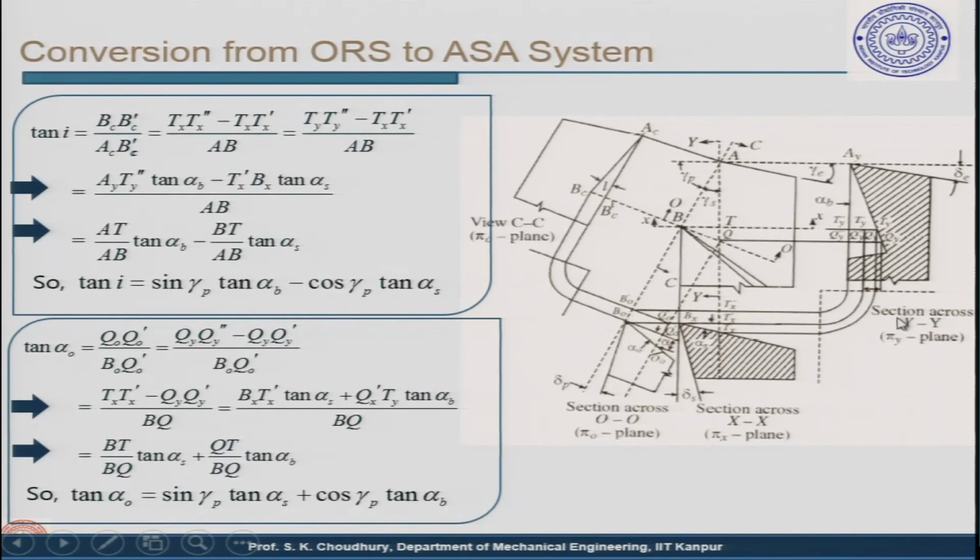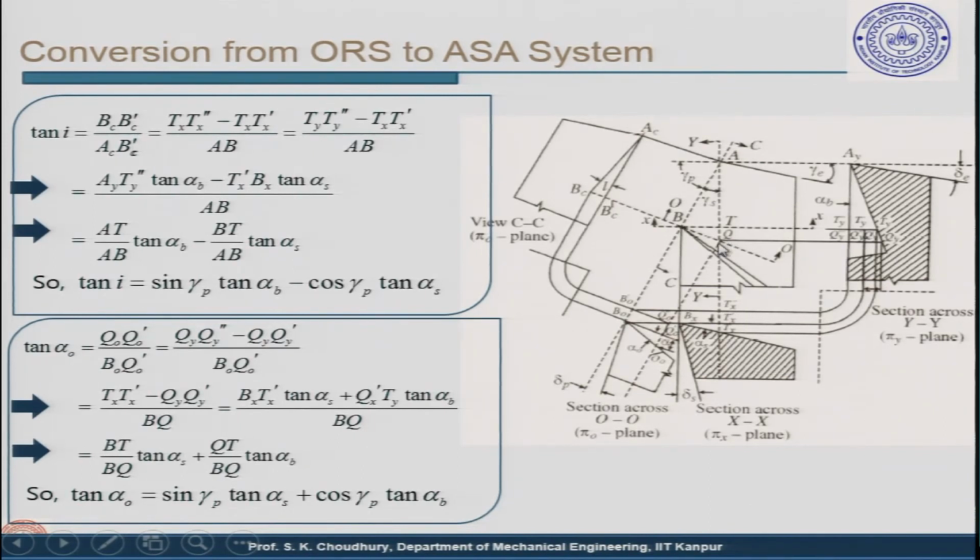Now, similarly, tan of this alpha O, this is the orthogonal rake angle, can be found out from geometry as Q0 prime, okay. So, this divided by this, and B0 Q0 prime can be projected to B0 Q0 BQ like in here.